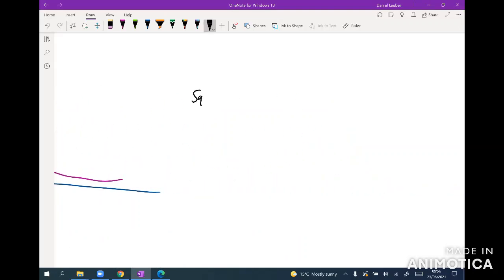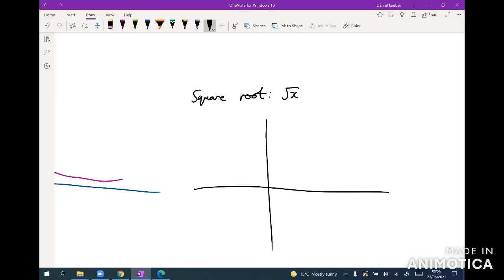Square root. Again, very simple. It's just like a quadratic, but on its side and only one part of it. So it's just like that. And again, it goes through the point 1, 1.